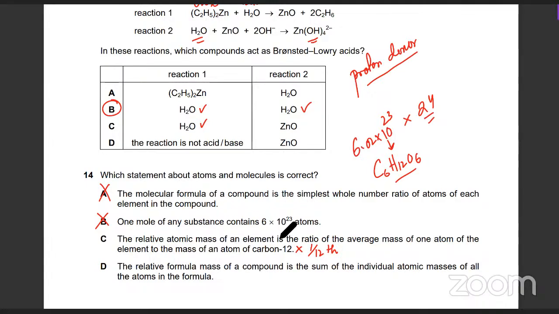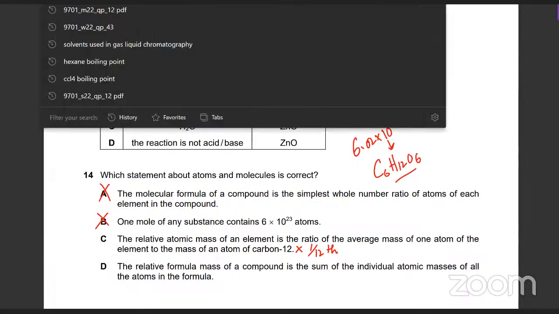So relative atomic mass of an element is the ratio of the average mass of one atom of the element. That's fine to the mass. So everything is fine except for the 1/12 part. That is the only thing I have an issue with. So D looks better. But just a second. This is question 14, right? Yes.